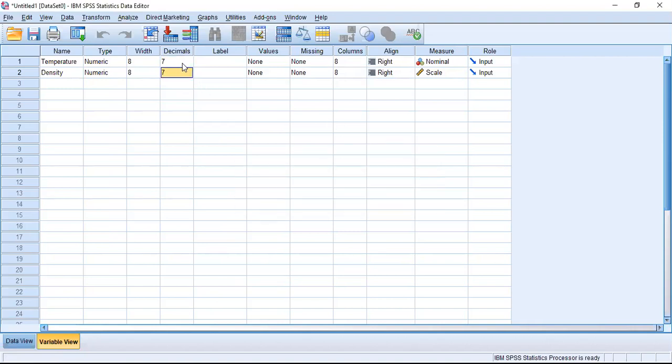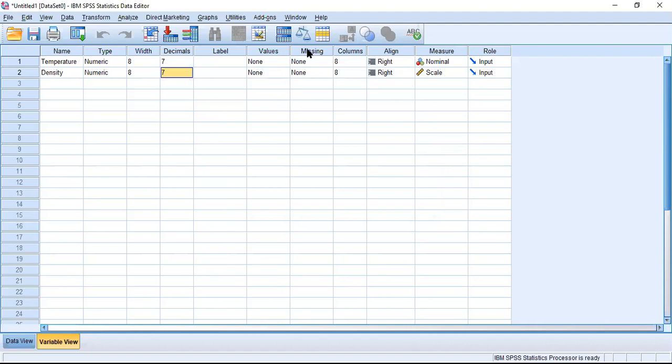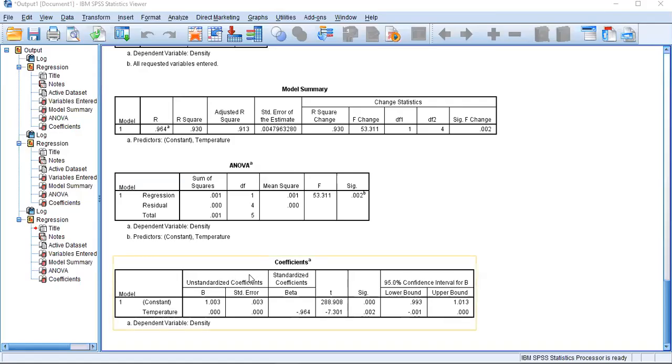It seems too large. Or probably you can leave it at 0. Let me say 8. 8 is too large. So let's leave it at 0 there and deal with it like that, because I've tried to change the decimal places, thinking it might be an issue of decimal places.